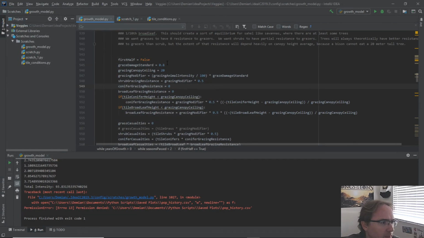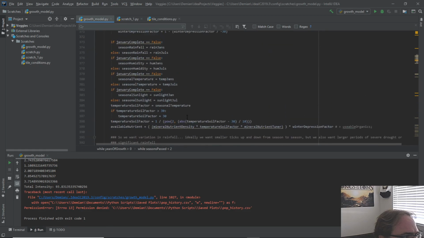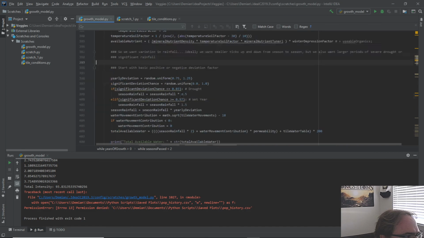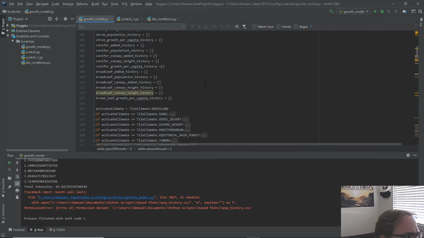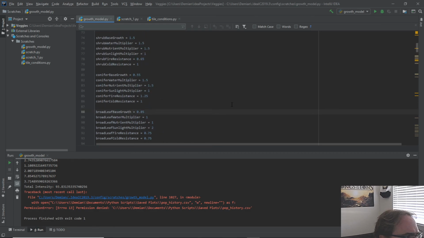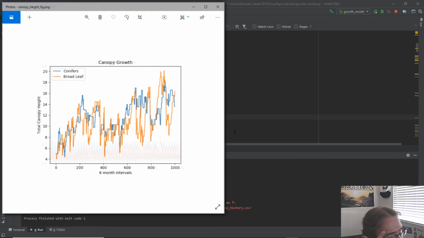I have an idea, actually. Let's return to a sane value, and then let's tune back tree growth a little bit.